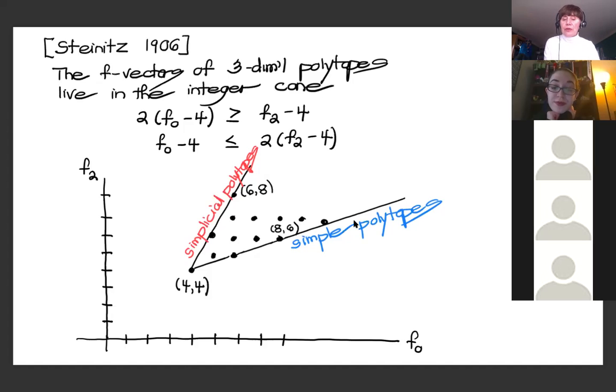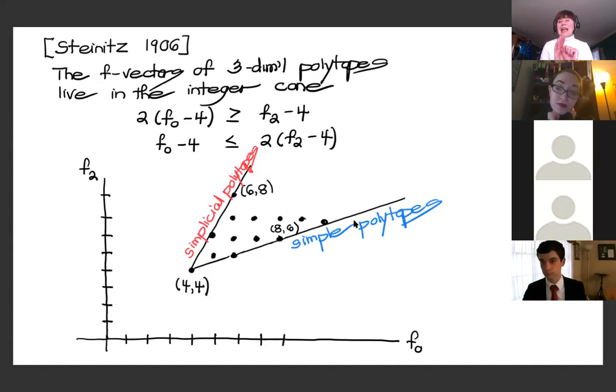And then the dual, the simple polytopes, anything along that other line, these are polytopes where, for a d-dimensional simple polytope, every vertex is going to be incident with d edges, it turns out. So this is the dual picture.